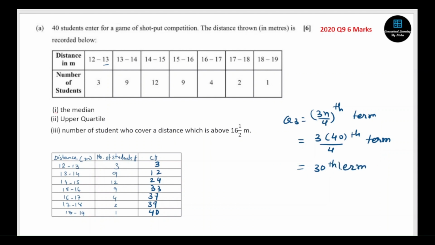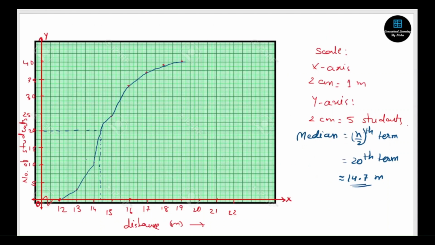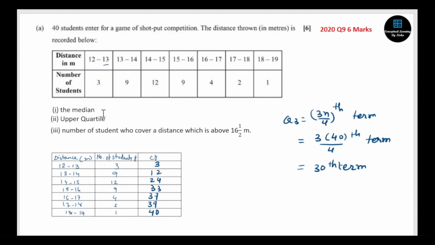Now the 30th term we find from the graph. So the 30th term is here, take the corresponding value. If you scroll, you will get approximately 15.6, right?